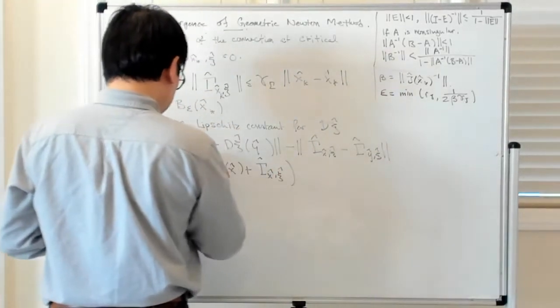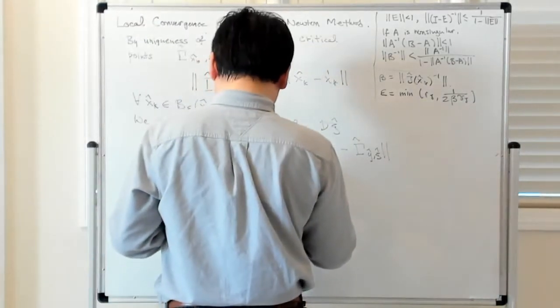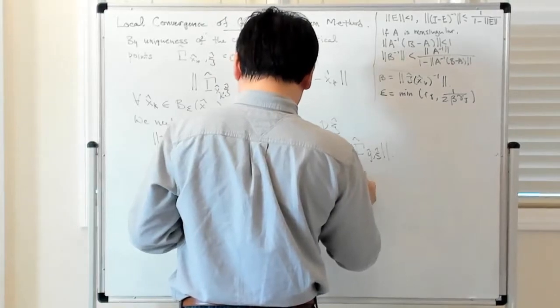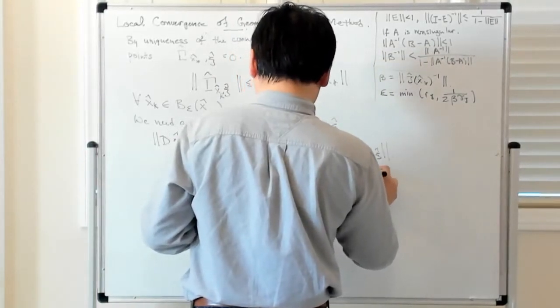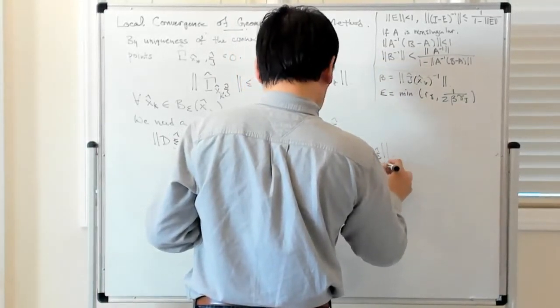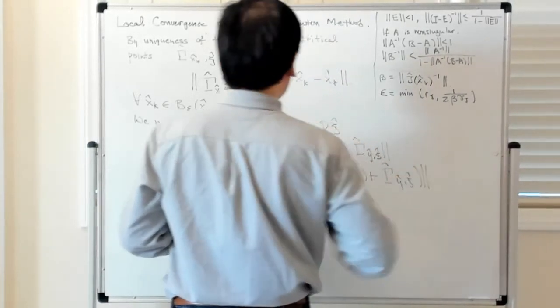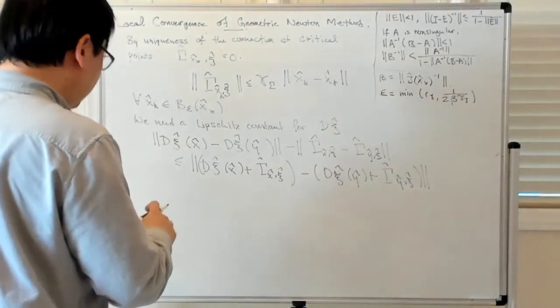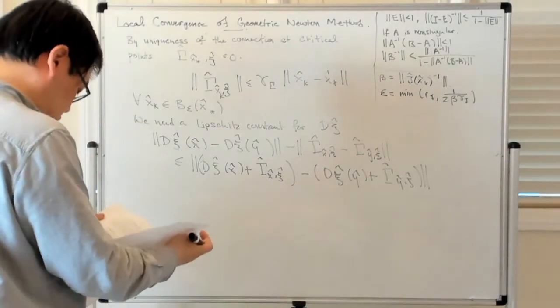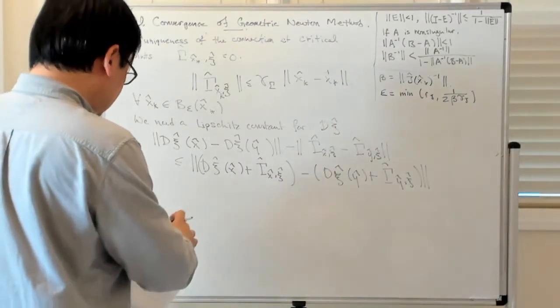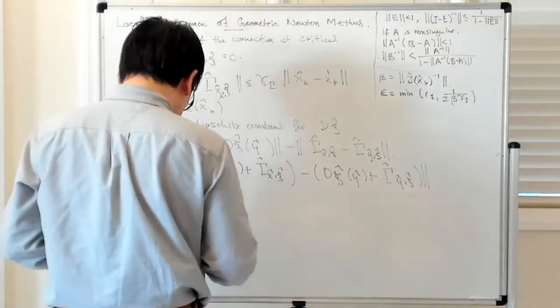I'm going to look at the difference of these two operators. By the definition of gamma, that's going to be related to the Jacobian.